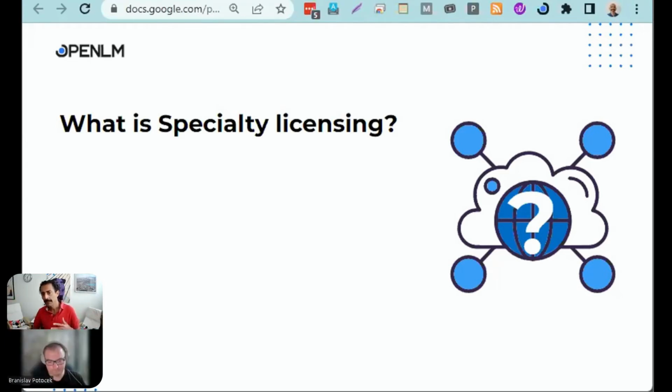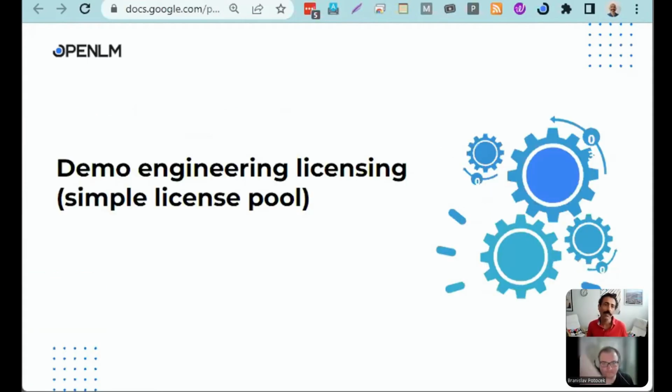Many examples like Microsoft and Adobe, everything is either a combination of using something on the browser or using it on installed software. All this is specialty licensing. We might want also to include dongles, which are the physical dongles, and maybe also software dongles, token licensing, and so on. So that's what we're talking about.